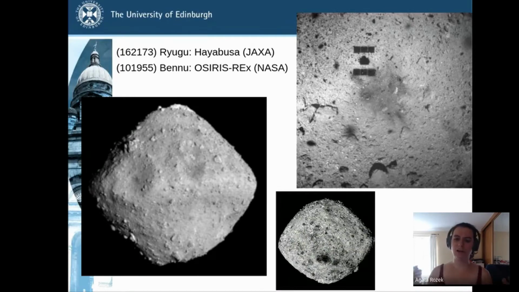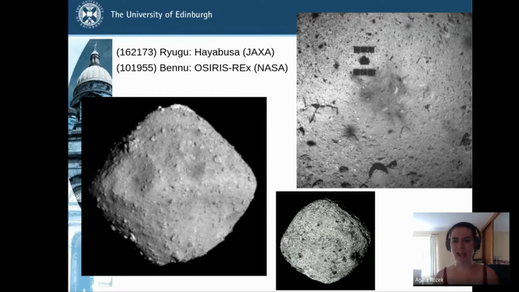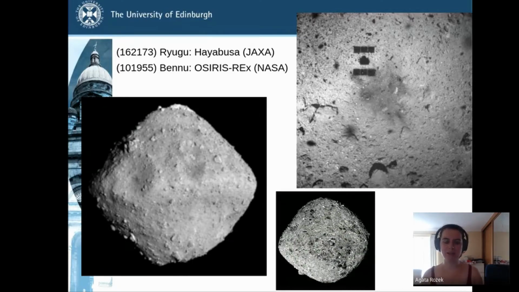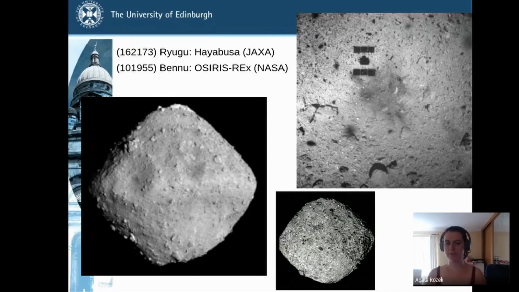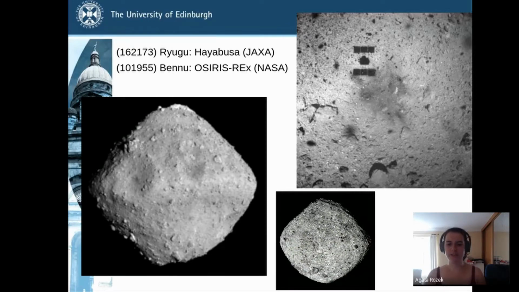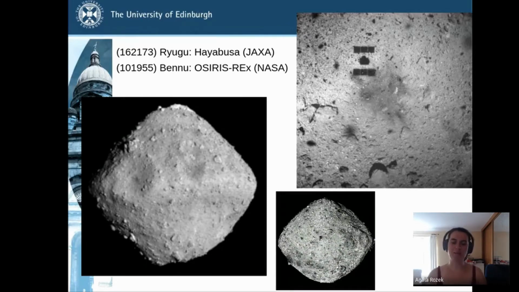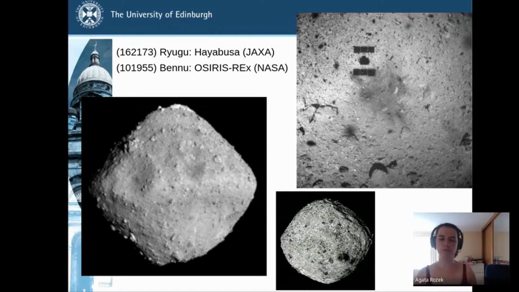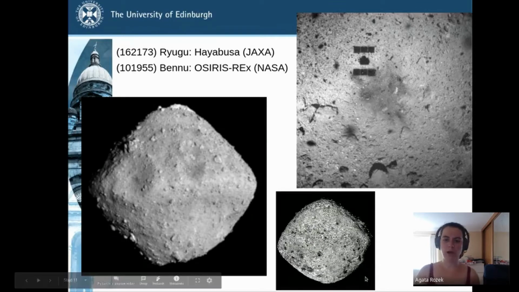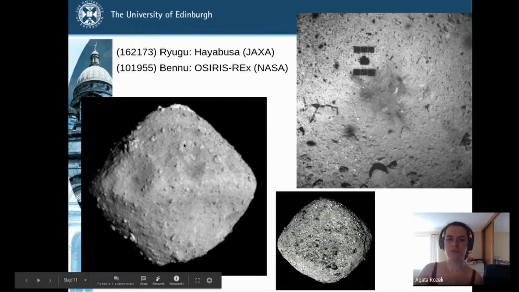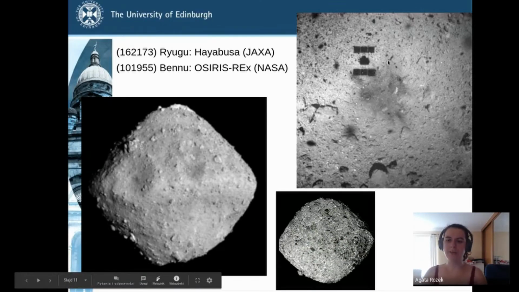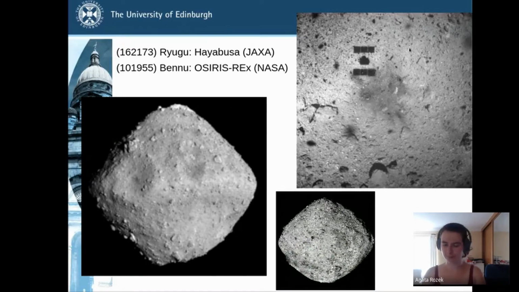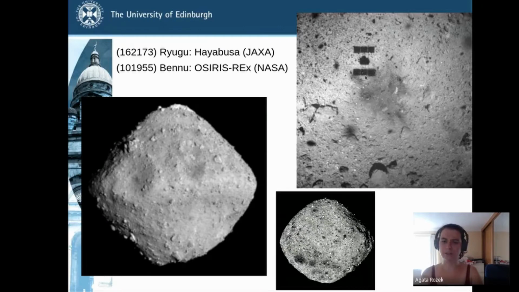And by sheer chance, both of those asteroids look almost exactly the same. They do differ in composition, but still they look almost exactly the same. And we are quite convinced that this shape is because the asteroid was deformed due to quite quick rotation. So there's asteroid Ryugu, and there's asteroid Ryugu with the shadow of Hayabusa above it on its surface.